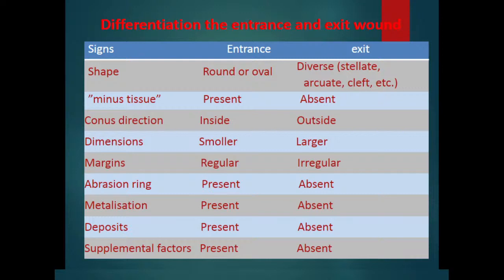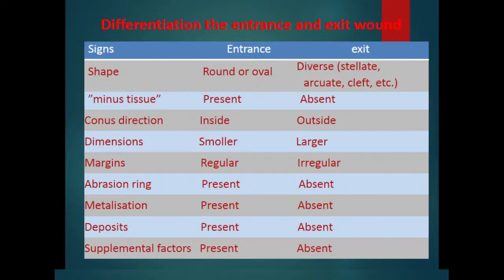What does that mean? Tissue is torn, but if we collected all the flaps and put them together, they would cover this opening. So there is no absence of tissue. But in the case of an entrance wound, the absence of tissue is seen well.